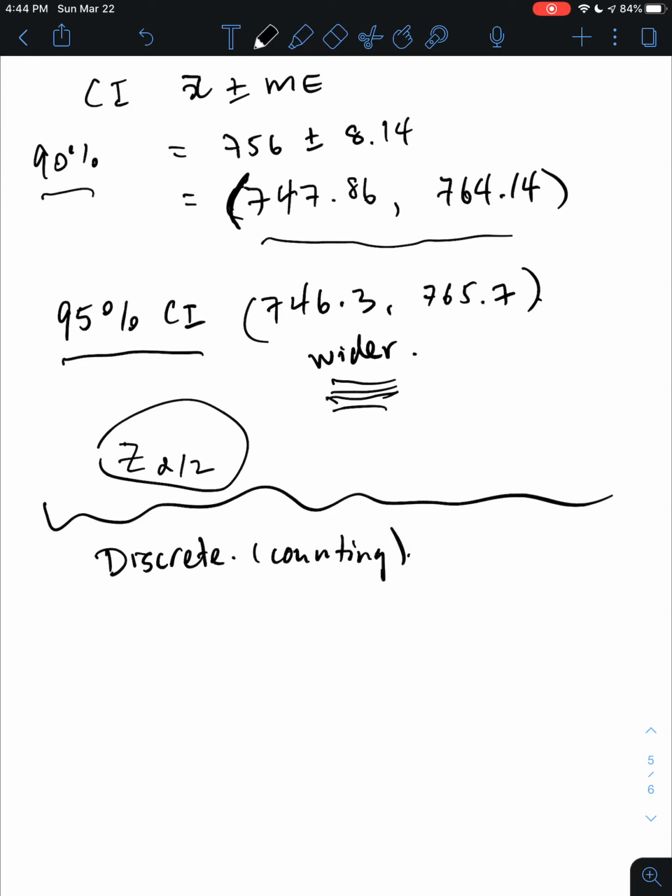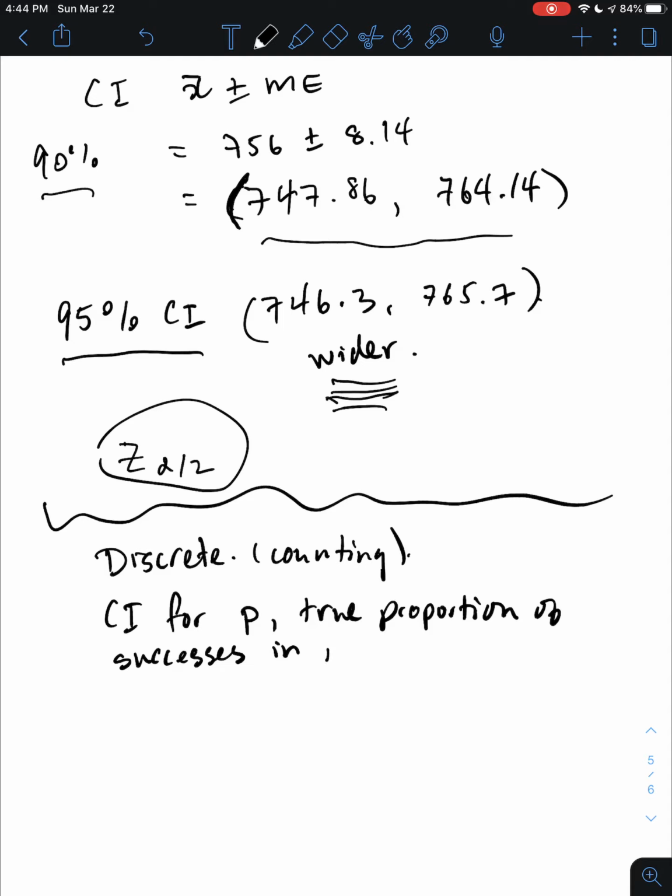So what we want is a confidence interval for P, the true proportion of successes in the population.